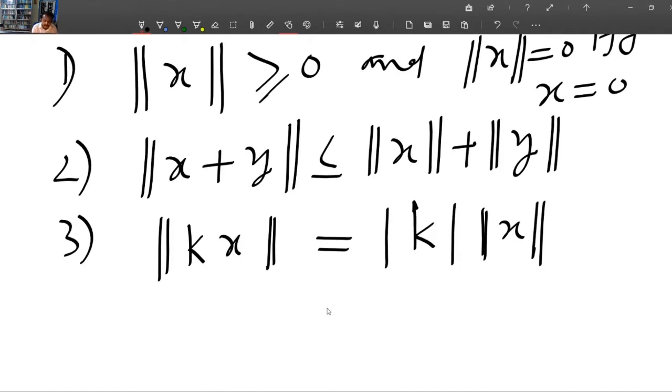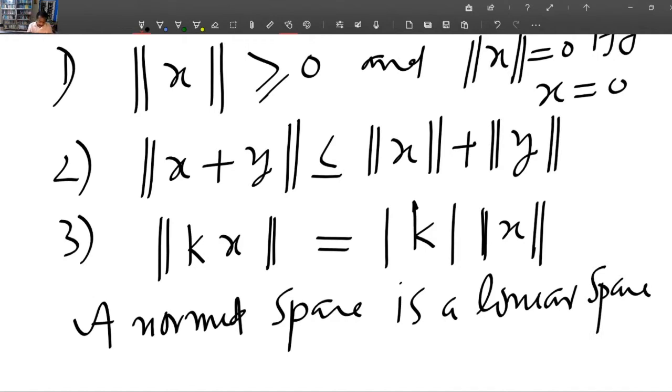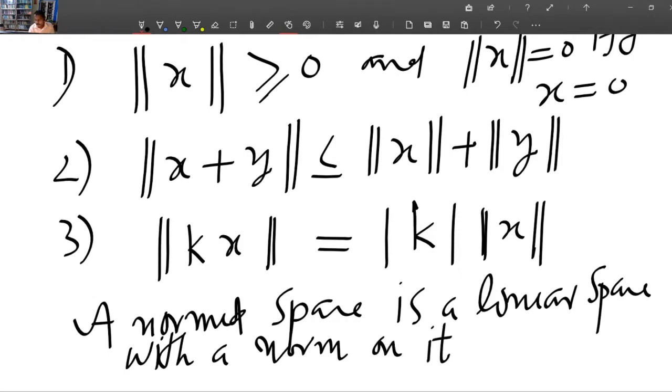So a normed space is a linear space with a norm on it.